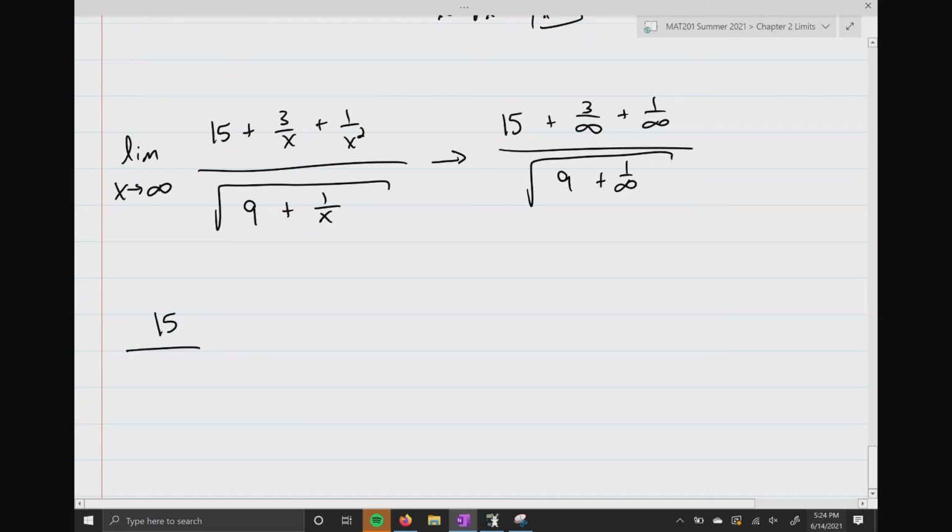We know 3 over infinity is 0, 1 over infinity is 0. And then inside the radical, I'm just going to have the square root of 9 because 1 over infinity also goes to 0. So this turns out to be 15 over 3 when you simplify the square root of 9, which equals 5. Okay? Those are all the examples that I wanted to go over.